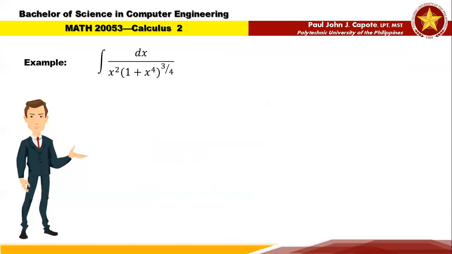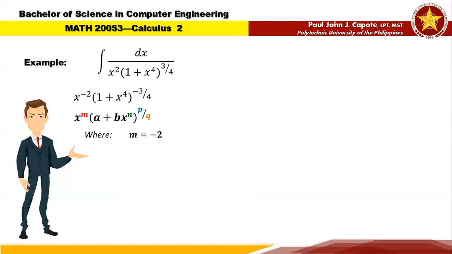Example. Evaluate the integral dx all over x squared times the quantity 1 plus x raised to 4 all raised to the power of 3/4. First, we are going to check if the conditions are met, so we can use case number 4 substitution.